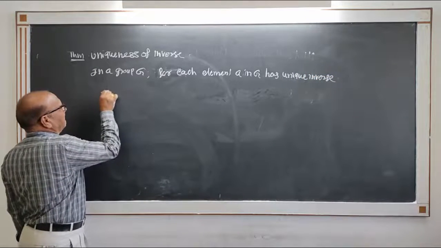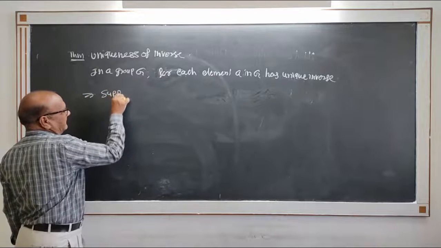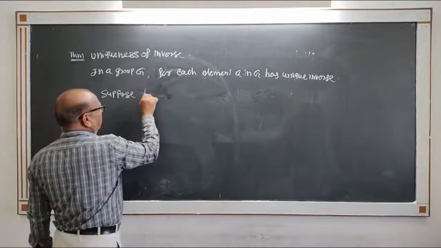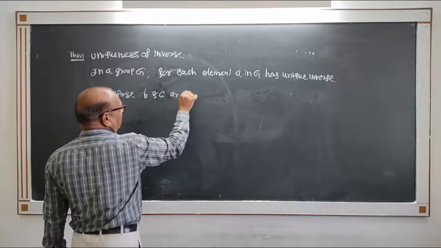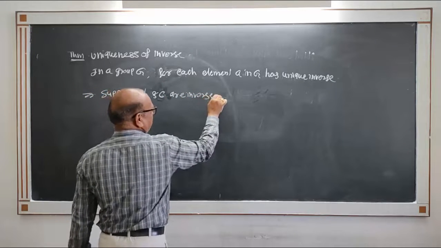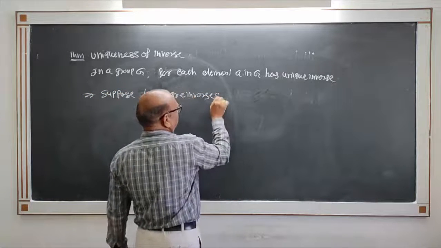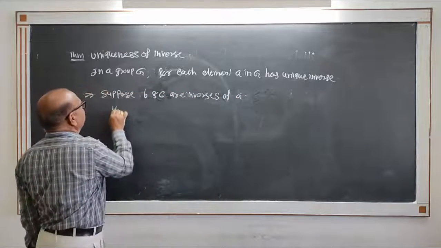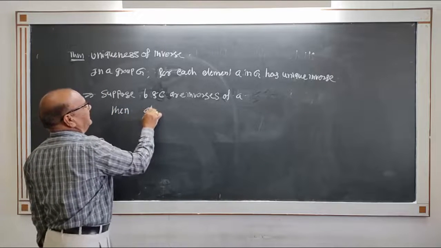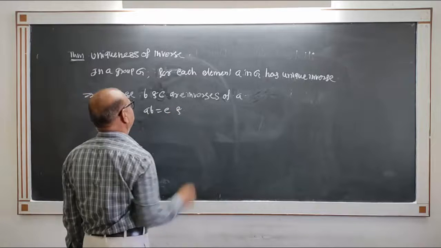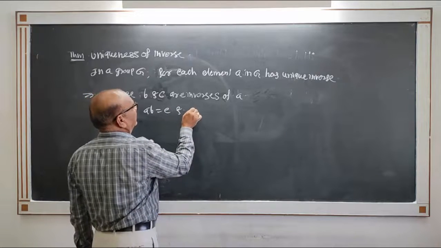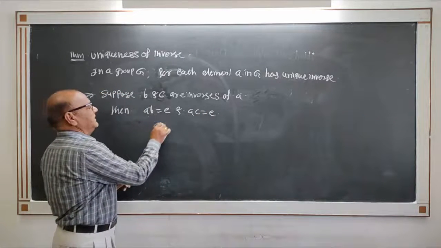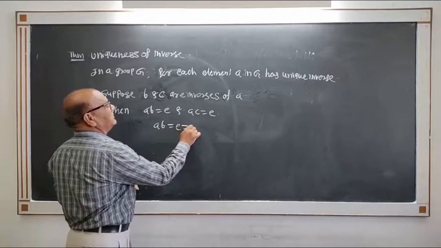Here, suppose A has two inverses, B and C. Then clearly AB is equal to E and AC is equal to E. This gives AB is equal to E is equal to AC.